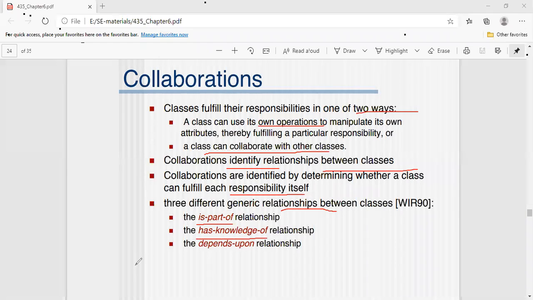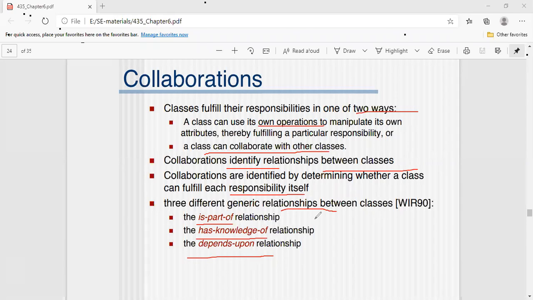The third kind is a dependency. Dependent means completely that without that we can't do the work. Without that class we won't move forward a little bit. If such a relationship exists between two classes, those are dependent classes. Now I'm going to stop here.